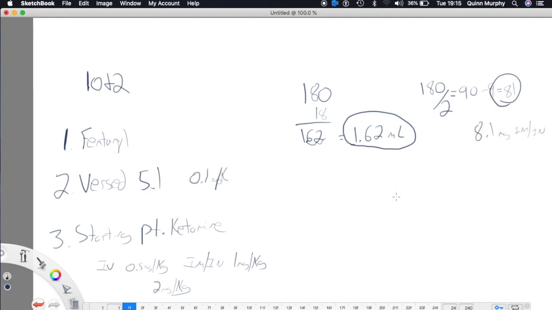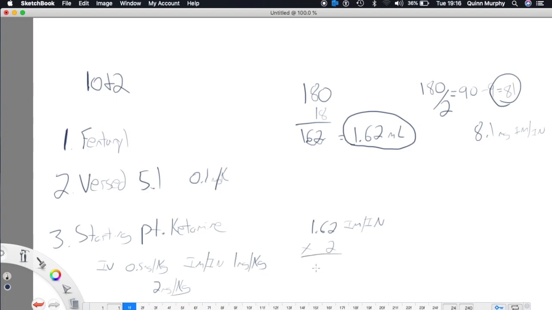Now the reason why I say it's the starting point for ketamine is that, depending on how you're going to give it, you're going to have to do a little bit of work. So for ketamine, 1.62 mLs is going to give you your dose at 1 milligram per kilogram for pain, IM or IN. If you want to give it for DAI, you need to multiply it by 2.